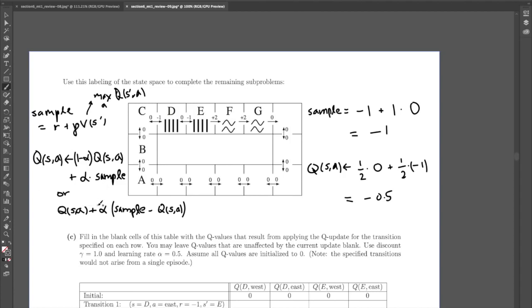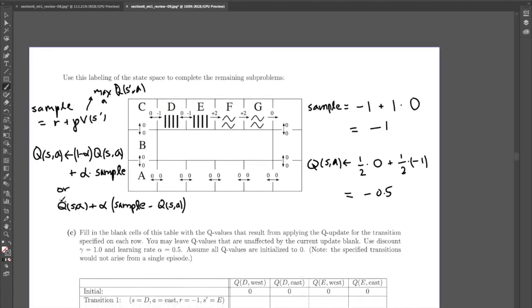You can get from one to the other using a few steps of algebra, mentally, by just distributing the alpha across both of these terms. You get alpha times sample minus alpha times the Q value. Group this Q value with this Q value, and that's exactly what the above expression is. So both are saying the same thing, and you can use whichever equation is convenient for you.